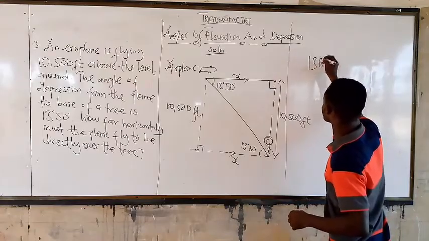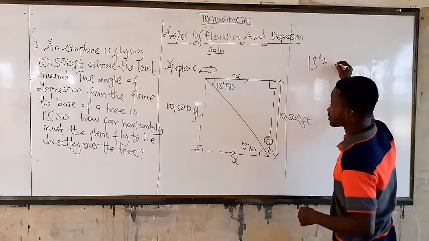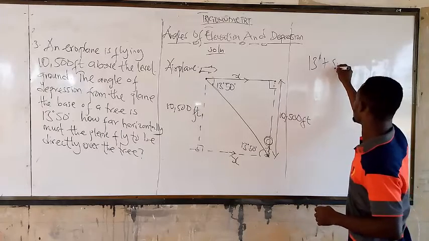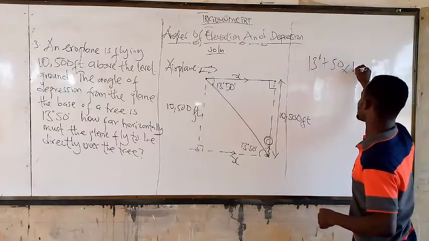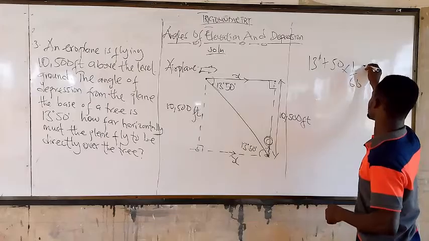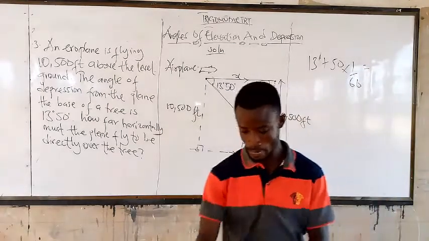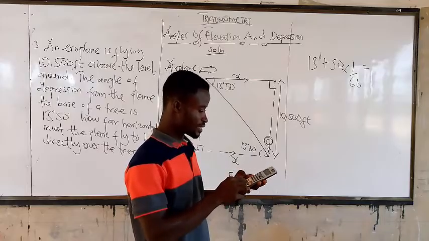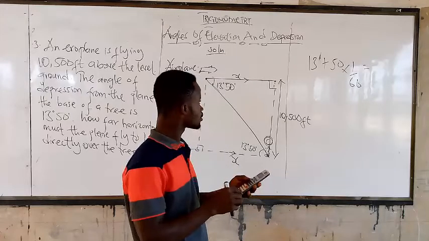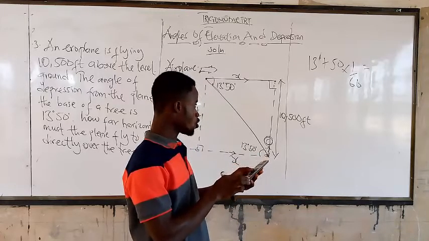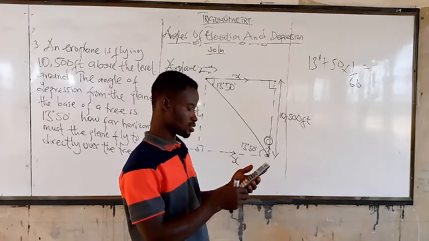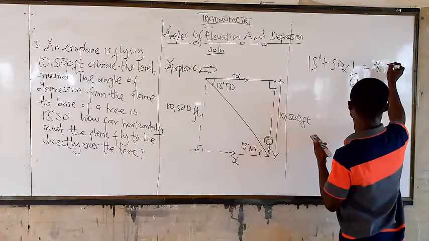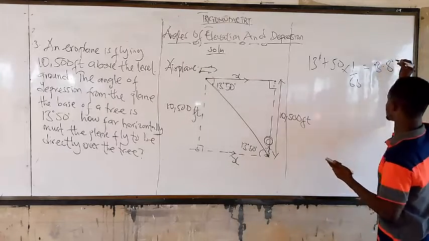So 13 degrees plus 50 multiplied by 1 over 60. So this is going to give us 13 plus 50 over 60, and we get 13.8 degrees.